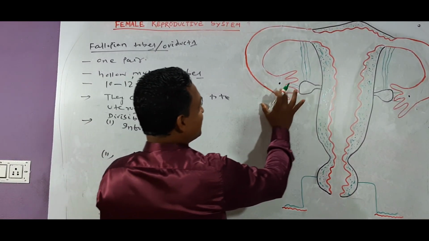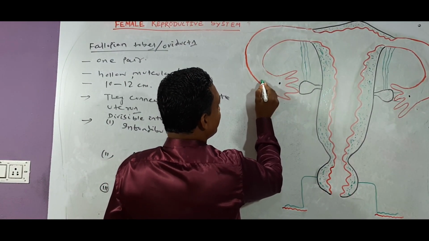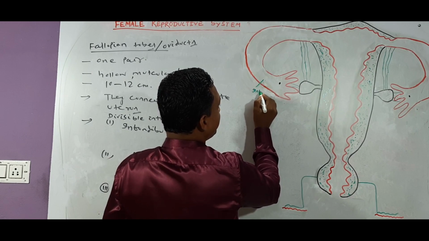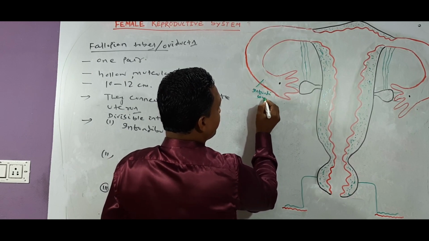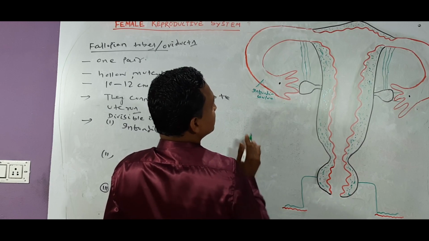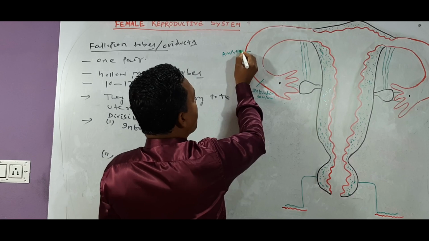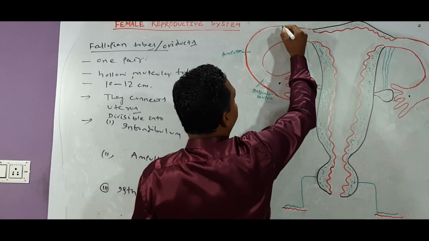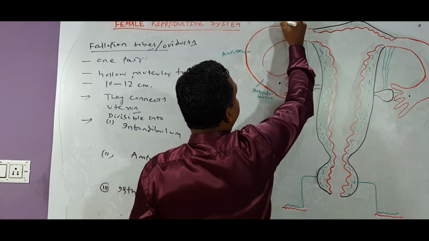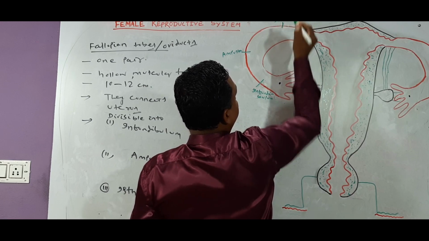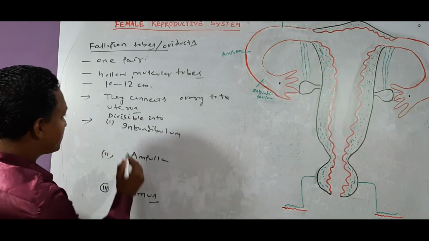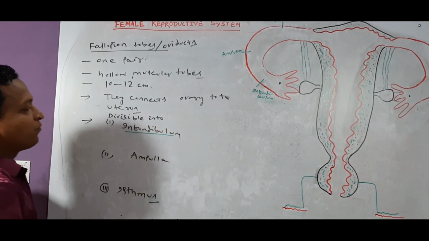This is the first part, we can call that infundibulum. This is the second part, we can call that ampulla. And this is the third part, we can call that isthmus. Let us focus on the first one, that is infundibulum.